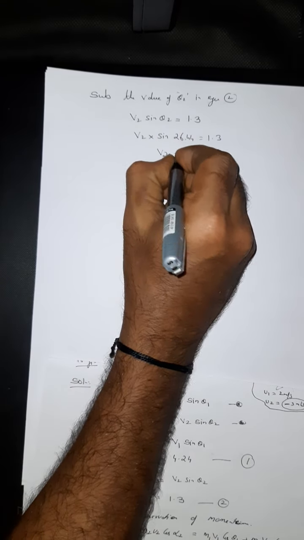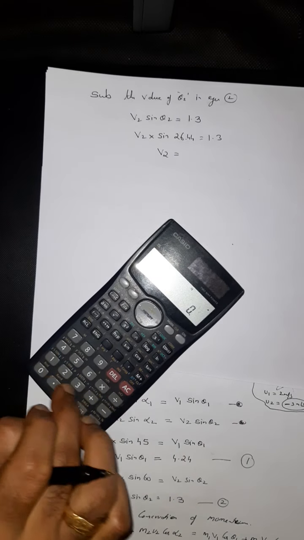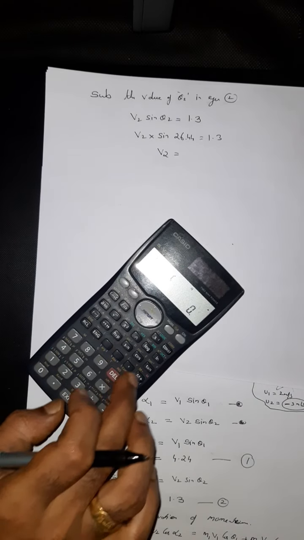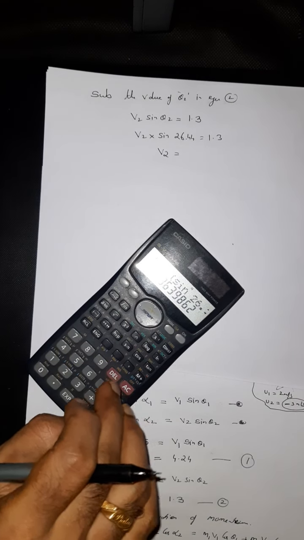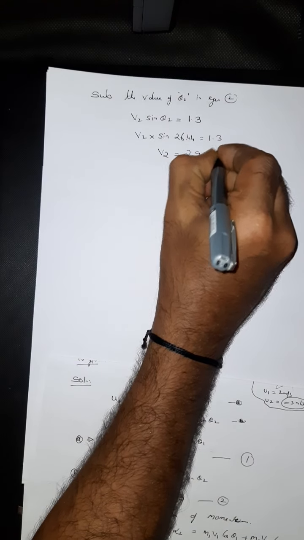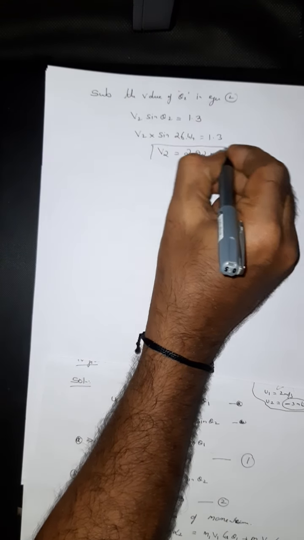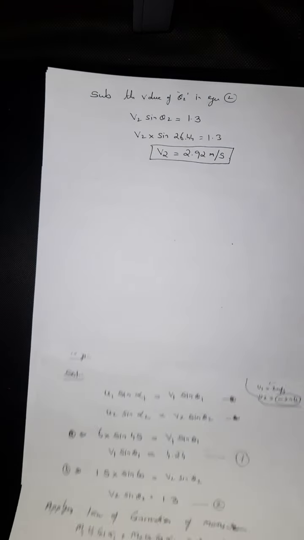So v2 equals 1.3 divided by sine 26.44, which is 2.92. So v2 is 2.92 meters per second.